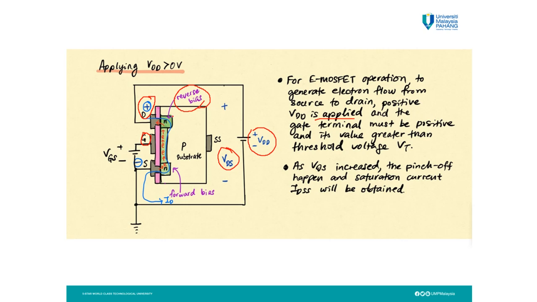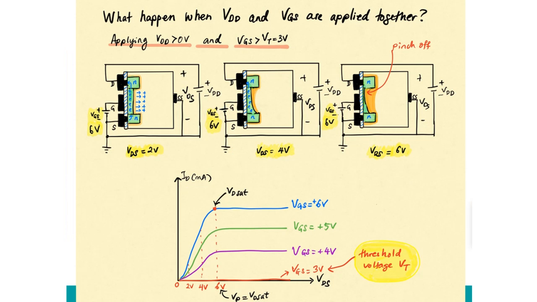Therefore, the depletion region will grow, and after that the pinch off will happen at this area, and then the saturation current will be obtained. It means when the pinch off happens, IDSS is the maximum current at that time, and it is referred to as the IDSS.